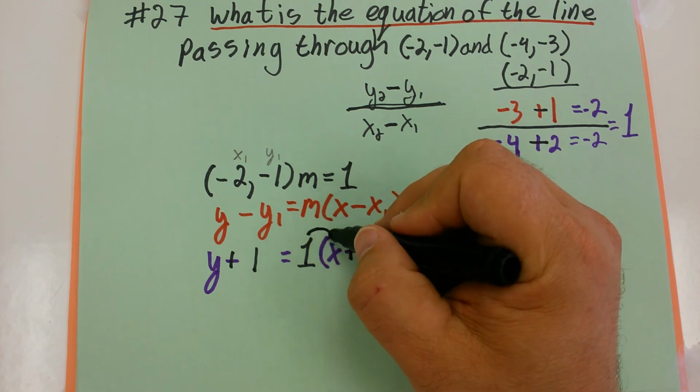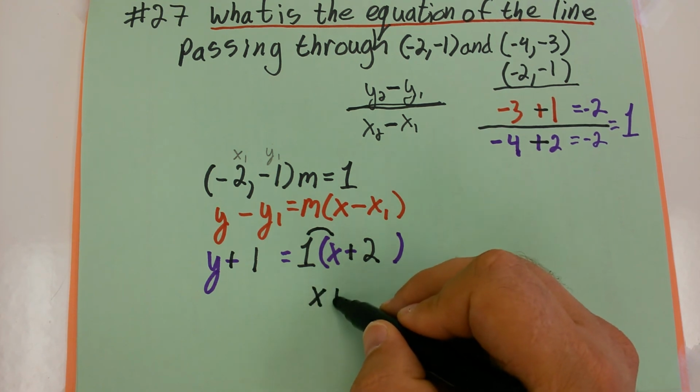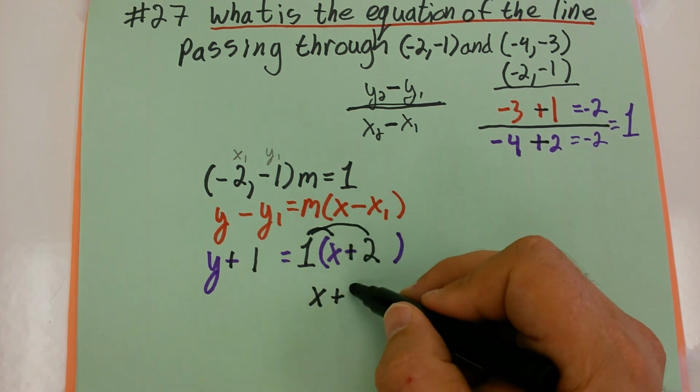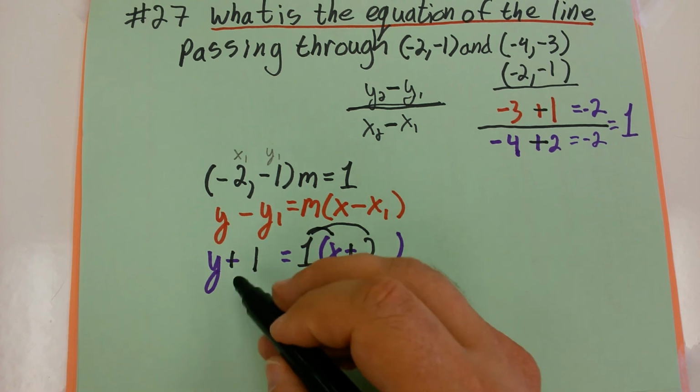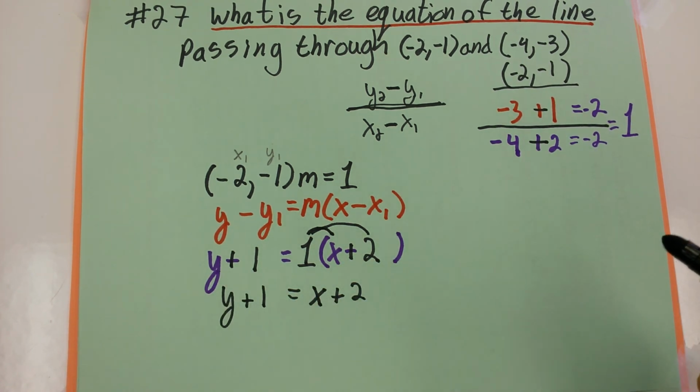I'm going to distribute that 1 to give me 1x, or just x, plus 1 times 2 is 2. Bring down the rest of the equation. So this is y plus 1 equals x plus 2.